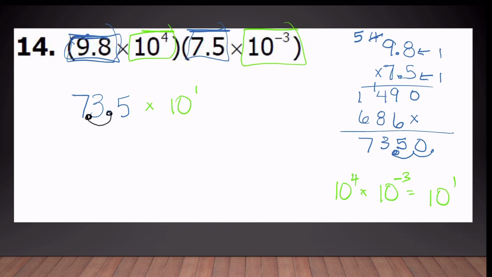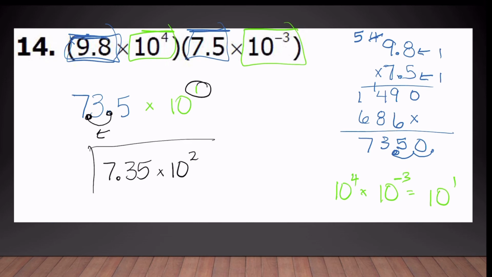The only thing that allows you to move it left is if I add here. So I get 7.35 times 10 to the 2nd. Ladies and gentlemen, you cannot just add or move things because it makes it easier for you. There are rules to keep things balanced.